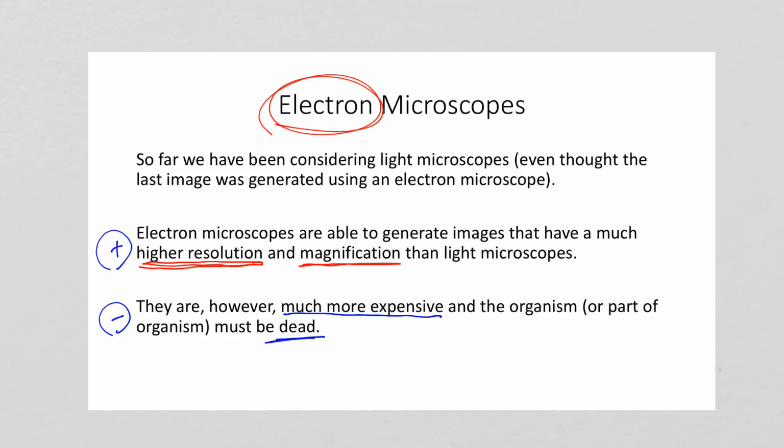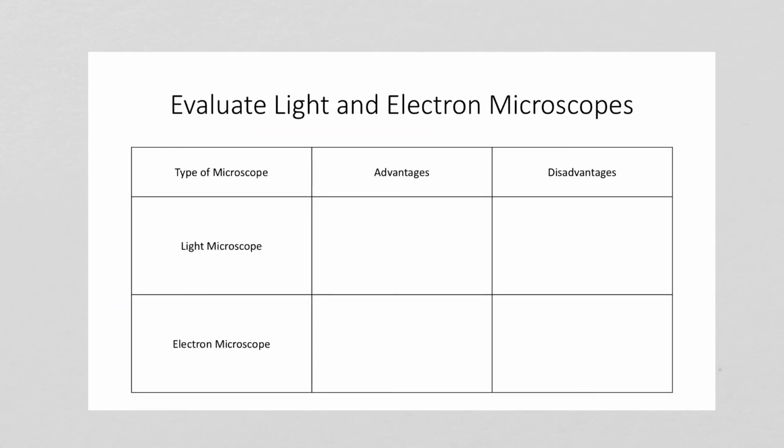So we have our positives, we have our negatives. What might the next thing be then? Evaluating light and electron microscopes. You can have a question on an exam asking you to compare them, giving you a situation, asking you the advantages and disadvantages of using them. We need to remember before we do anything else that the word evaluate means something very specific. It means advantages, it means disadvantages.